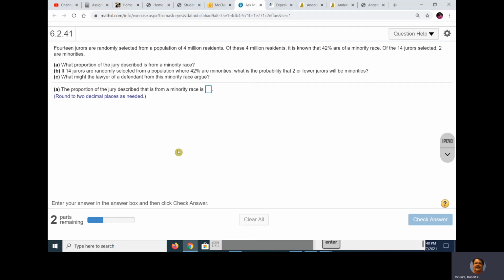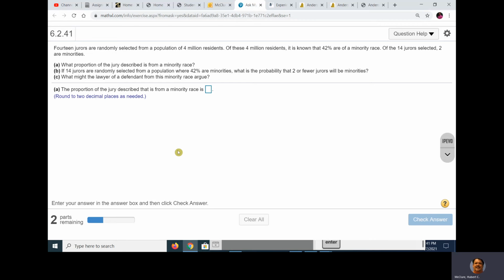And 2 jurors are in the minority. And A asks, what is the probability that the 2 jurors in the minority will be on the, whatever? And that's going to be equal to 2/14, which is 1/7.